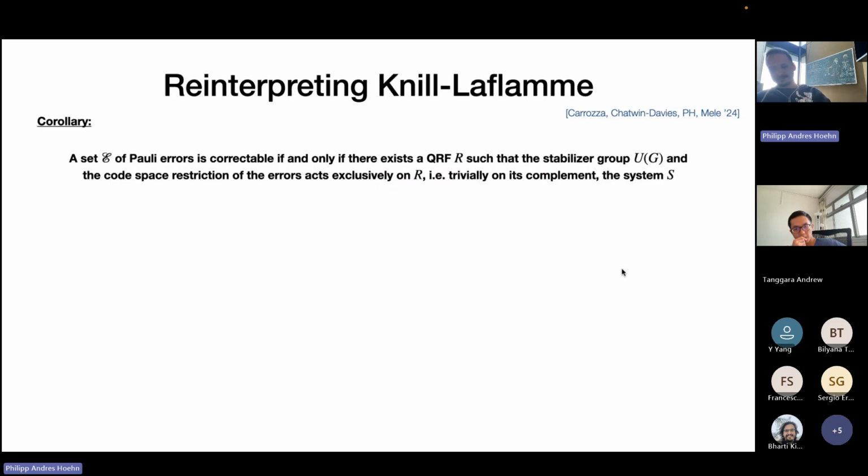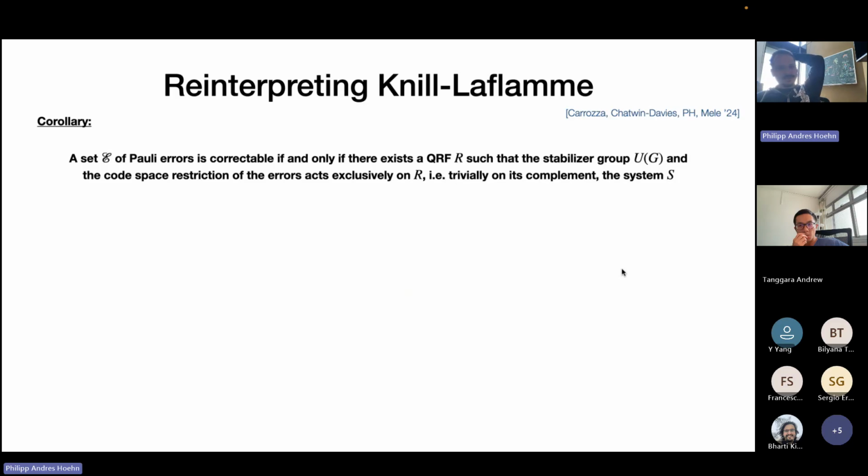that you can take to reinterpret the Knill-Laflamme condition. And the statement now is, as a corollary of that theorem, we have that a set of Pauli operators, Pauli errors, and it doesn't have to be a maximal set anymore. It can be any set of Pauli errors.